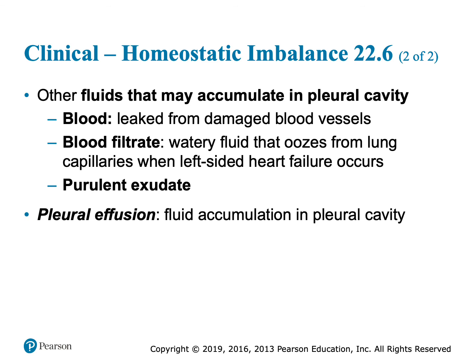This is inside the pleural space, so it's called pleural effusion. When you take an x-ray, you can't tell if that's blood, if that's serum, if that is some sort of transudate, or if it's pus. You can't see that. You just see the fluid. So you'd have to tap the fluid, get a sample of the fluid, and find out what it is.